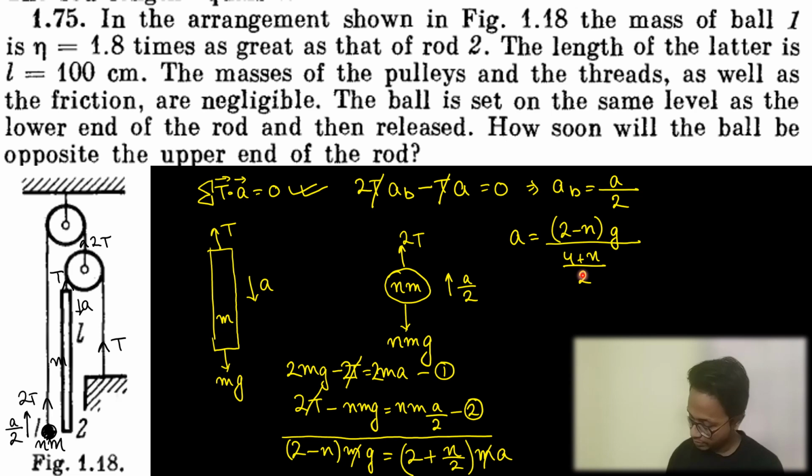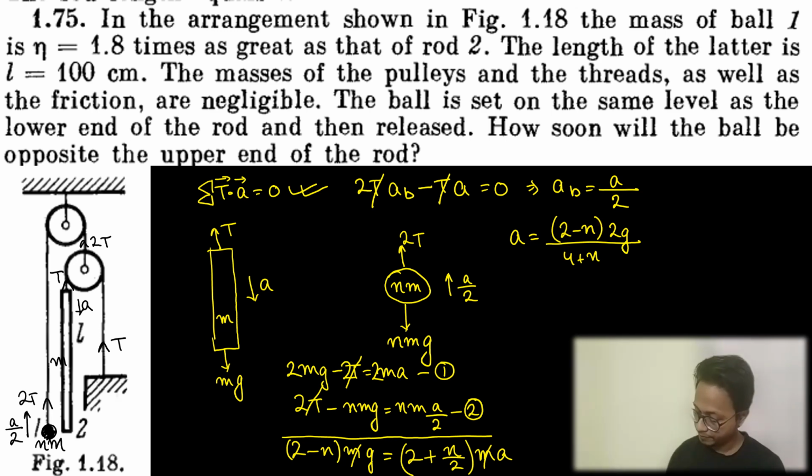So if I erase this out here, this becomes 4 plus n divided by 2. And I can take this 2 upward. So it would be 2g into 2 minus n by 4 plus n. So the acceleration of the block downward would be this one. And the acceleration of the ball would be this value divided by 2.